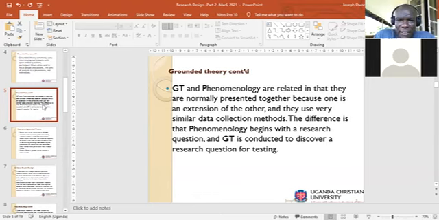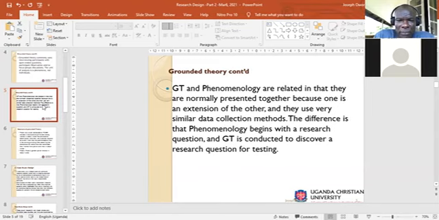The difference is that phenomenology begins with a research question, while grounded theory is conducted to discover a research question for testing. That is the major difference. In phenomenology, you have a research question.